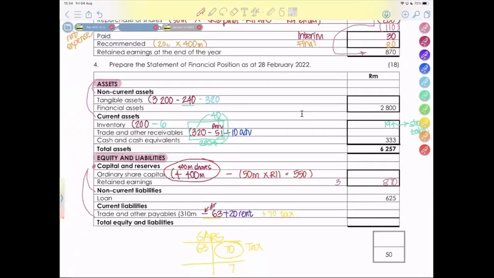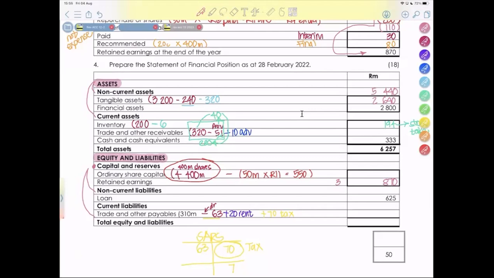The statement of financial position, you can then add your tangible assets and see that your new total would be the 2640. Add that to the financial assets that's already given to get 5440. The current assets, you would see that you've already got the inventory figure in.